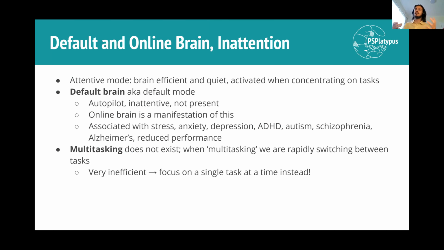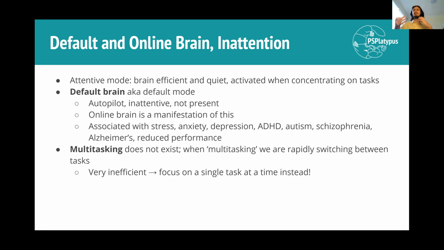The online brain is a manifestation of this. You can imagine you've got a notification, or you start thinking about watching that Netflix show, or whether your favorite YouTuber has uploaded something recently. Things like that will pull you away from the task at hand, or from experiencing the present moment. Of course, it's perfectly fine to be intentional in your enjoyment, in your responsible hedonic pleasure-seeking pastimes.